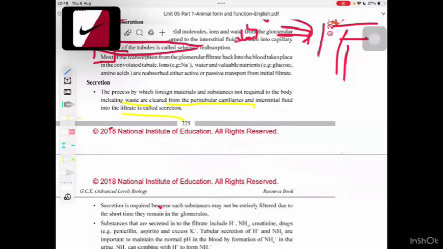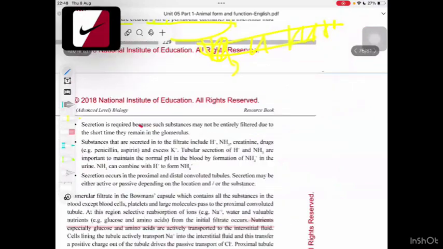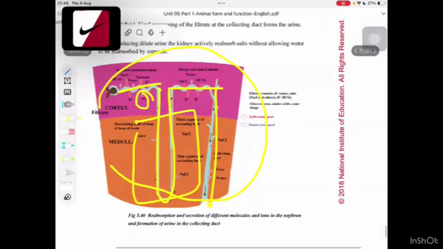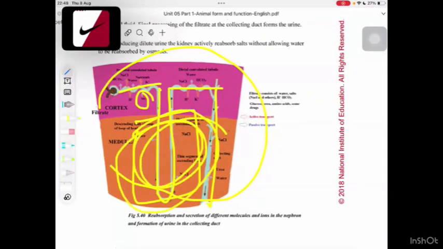Here they can give you a good MCQ. They can tell you: SCQ includes the waste that are cleared from vasa recta. No, not from the vasa recta. It's from the peritubular capillaries, because in the loop of Henle the vasa recta is present.